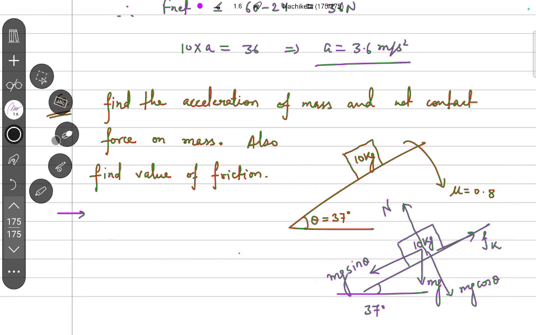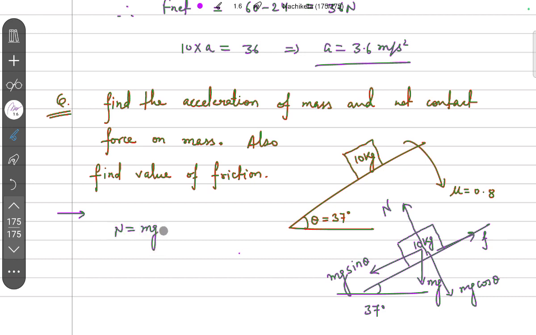So this is your FBD. Now we don't know whether friction is going to be kinetic or static. So first we'll erase it. Now N is equal to mg cos theta. Sorry, that was 80 Newton, na? And if limiting friction will become equal to 0.8 into 80, which is 64 Newton.